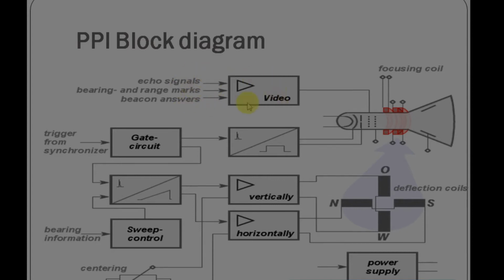These 3 things come to the video amplifier, and go to the horizontal and vertical plates. There are 2 plates in a cathode ray tube, and they give the excitation signal to those plates. According to that, dots or brightness occur on the screen.